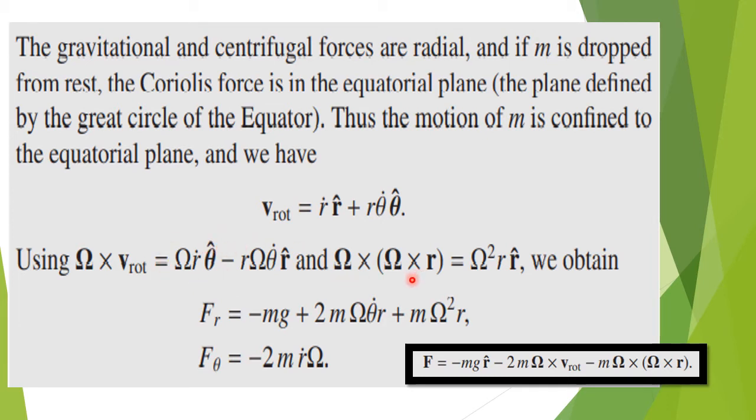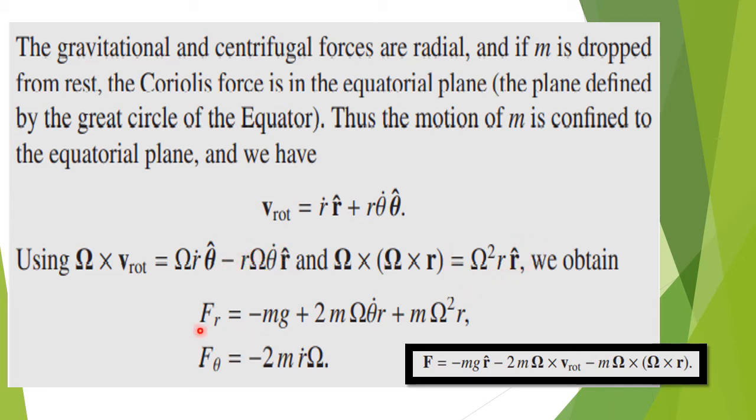Similarly, the second term, omega cross omega cross r, is equal to omega square r in the radial direction. So this equation is split into two equations, the radial part and the tangential part. Our radial part contains this term and this term.